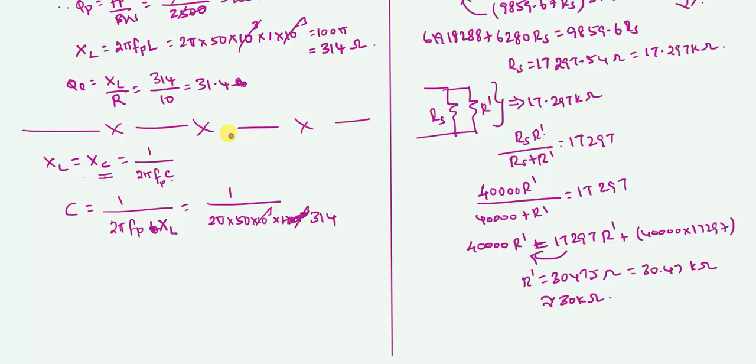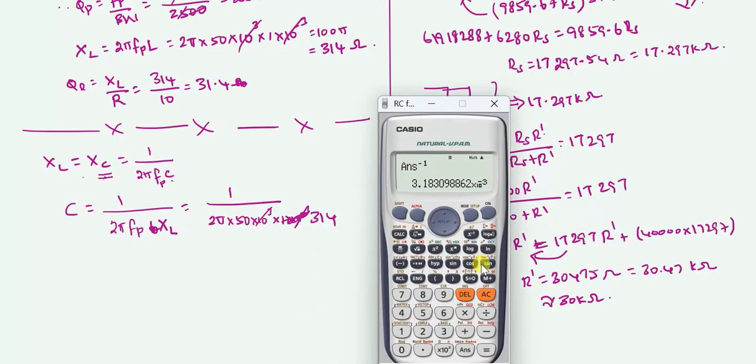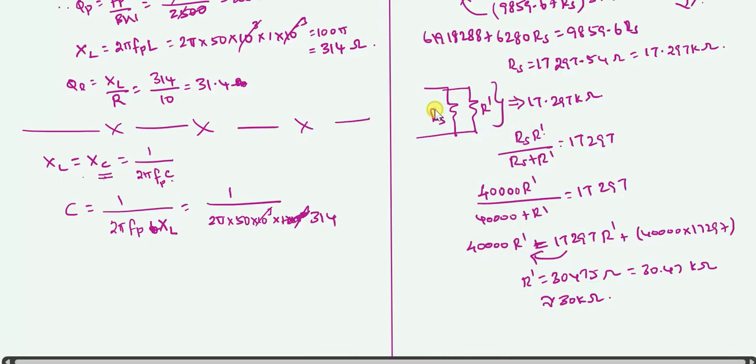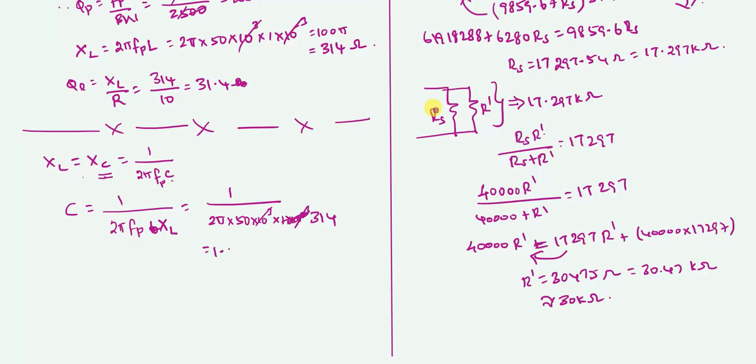This value should be present here. So 2 pi into 50 into 314, I take the answer inverse, which is equal to 1.01 into 10 to the power of minus 5 farad.